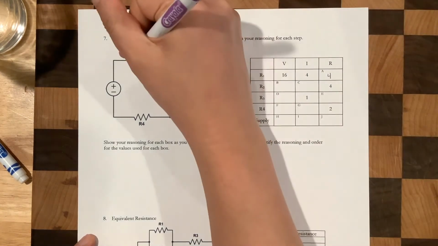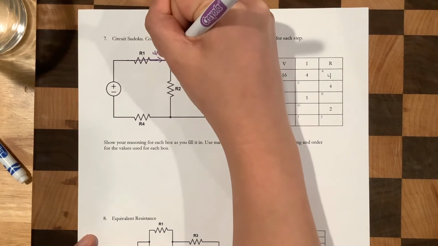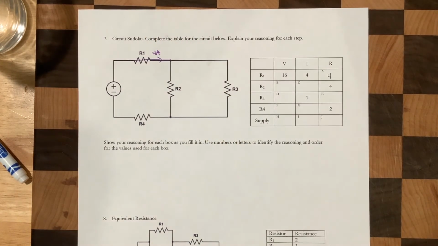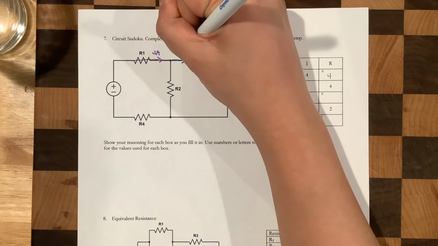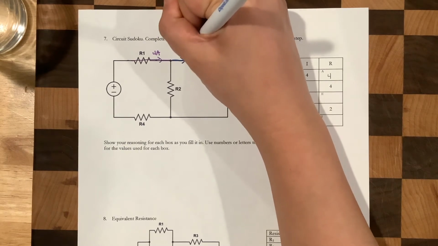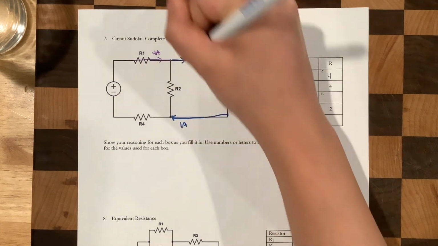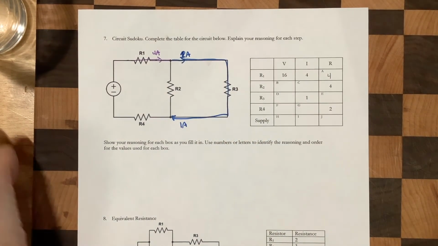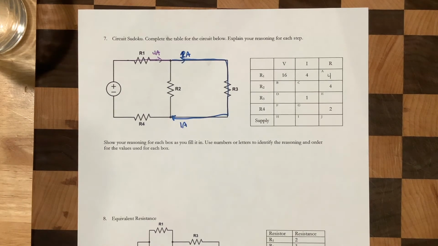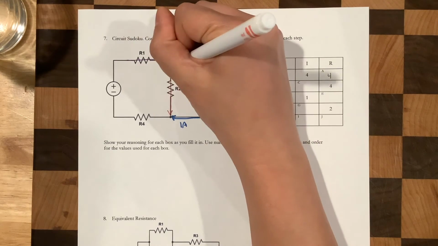Imagine I have a 4 amp current going through R1, and that 4 amp current goes into this junction. 1 amp of current goes through R3 right here. 1 amp. That must mean 3 amps of current go through R2, because 4 is equal to 3 plus 1.